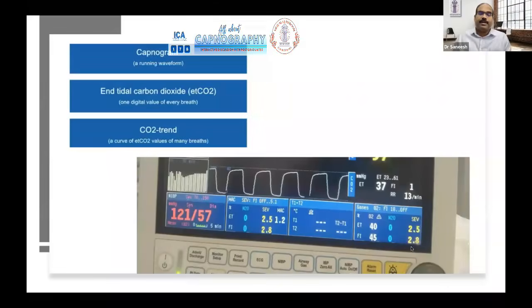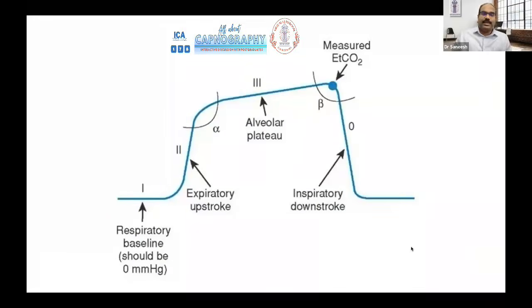Definitely in perioperative monitoring, we look into all these three factors, but in most of the scenarios which I'll be showing, sometimes you will get to interpret only from the waveform, the capnogram only. So this is already explained, the normal capnogram.